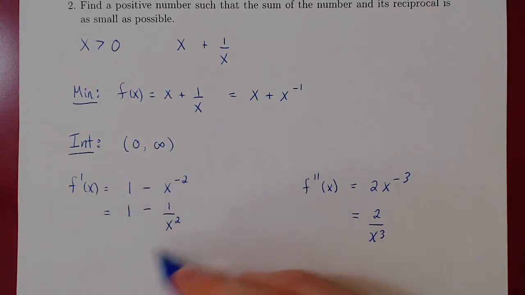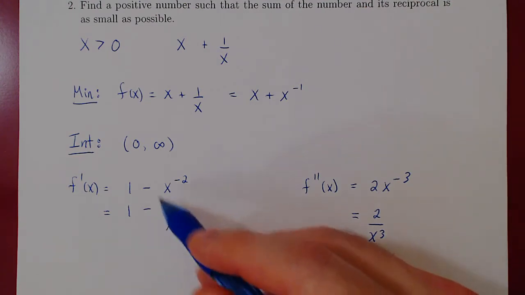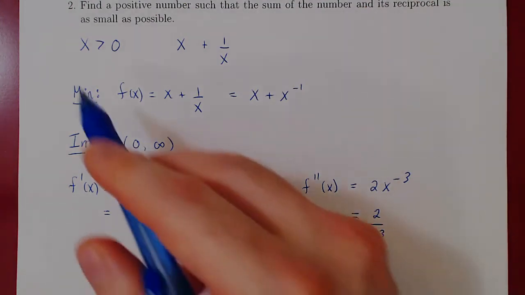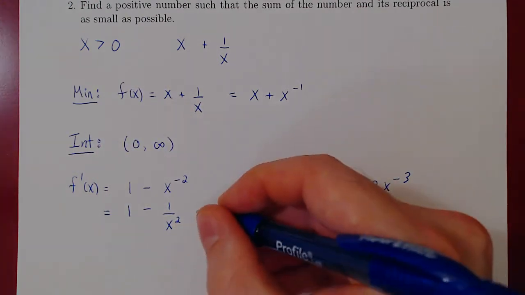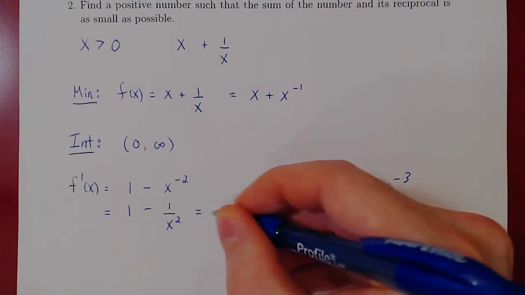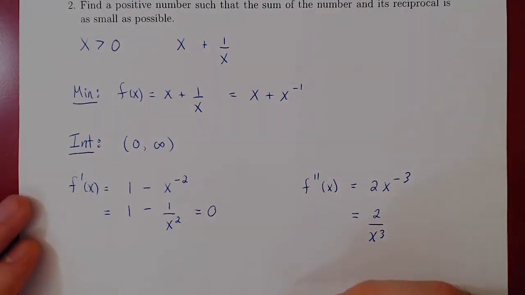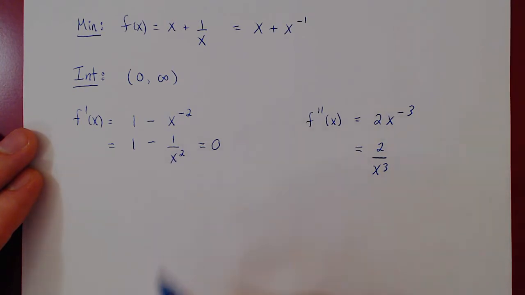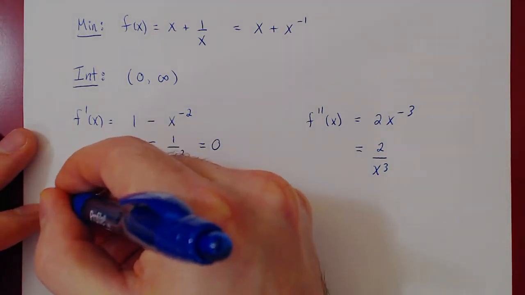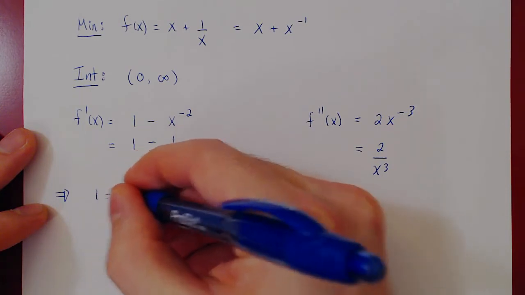Let's find our possible critical points. Those are points where the derivative is undefined or 0. Well, the derivative would be undefined if x were allowed to be 0. As we are excluding 0 from our interval, the derivative will always be defined. So we're looking for values of x where the derivative is equal to 0. So let's solve for x. Send 1 over x squared to the other side. And this gives you 1 is equal to 1 over x squared.